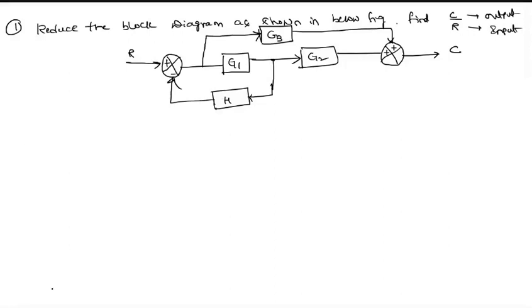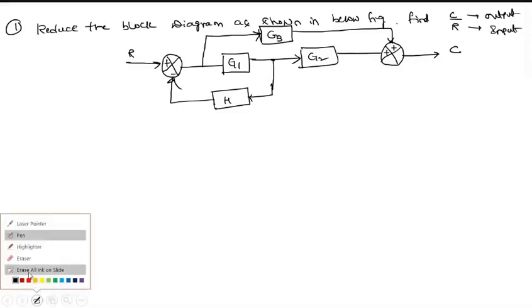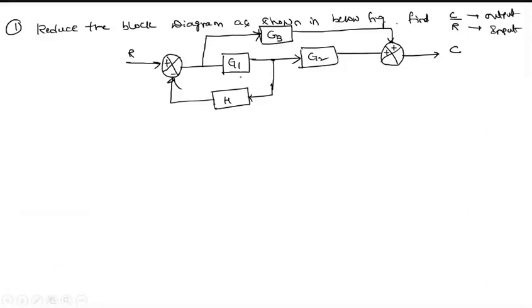So first, how to solve this problem: identify the diagram, or observe the diagram clearly. If you observe the diagram, this is one branch point, this is another branch point. There are two branch points.